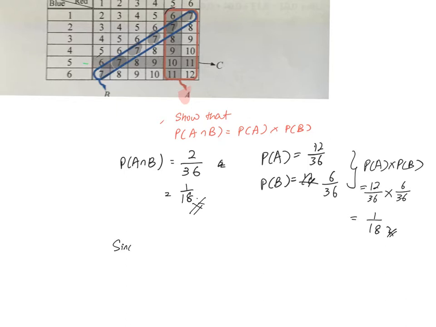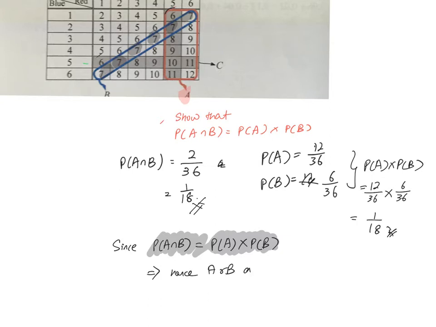So we can write down: since the probability of A intersect B is equal to the probability of A multiplied by the probability of B, this is the important definition for concluding independence. The moment you are asked to compute or show independence, you must be able to write that the probability of the intersection is the same as the product of the two probabilities involved. Hence A and B are independent.